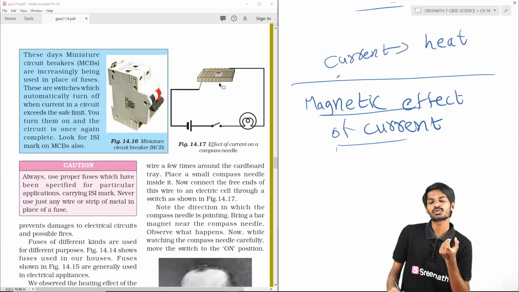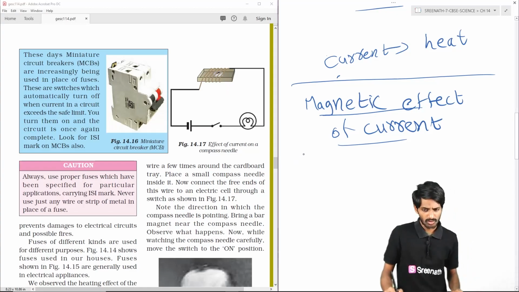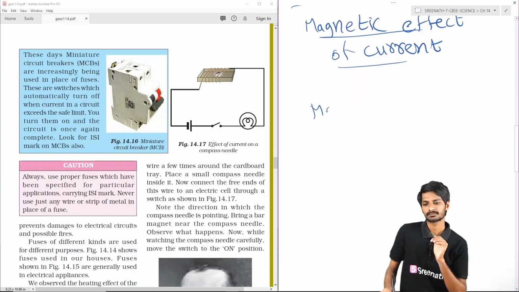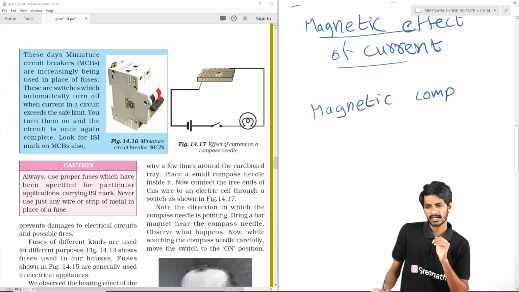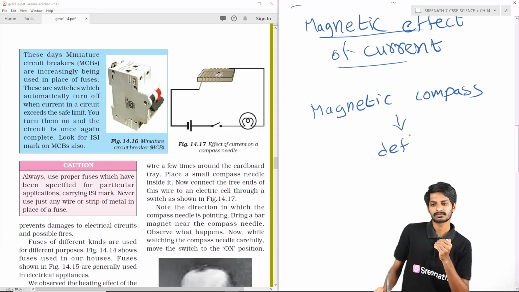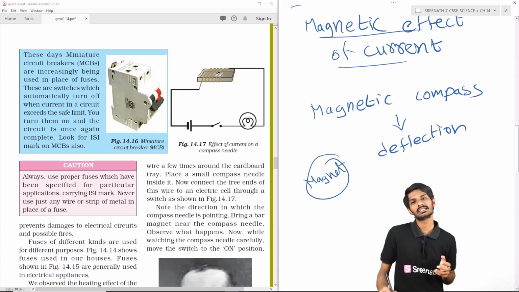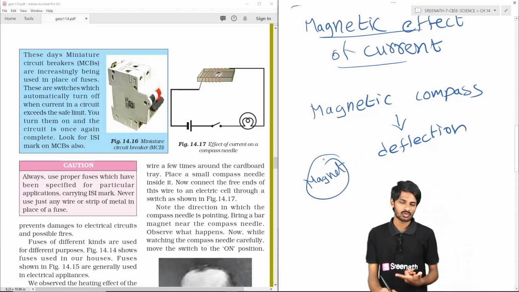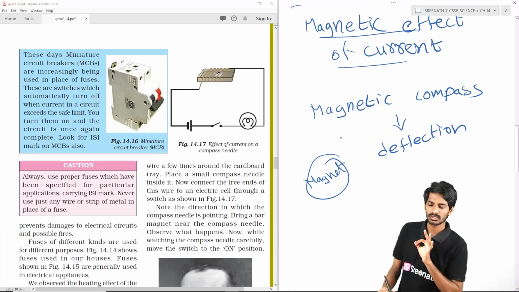If you take this magnetic compass near a magnet, it will show deflection. Otherwise, it shows the north and south direction.